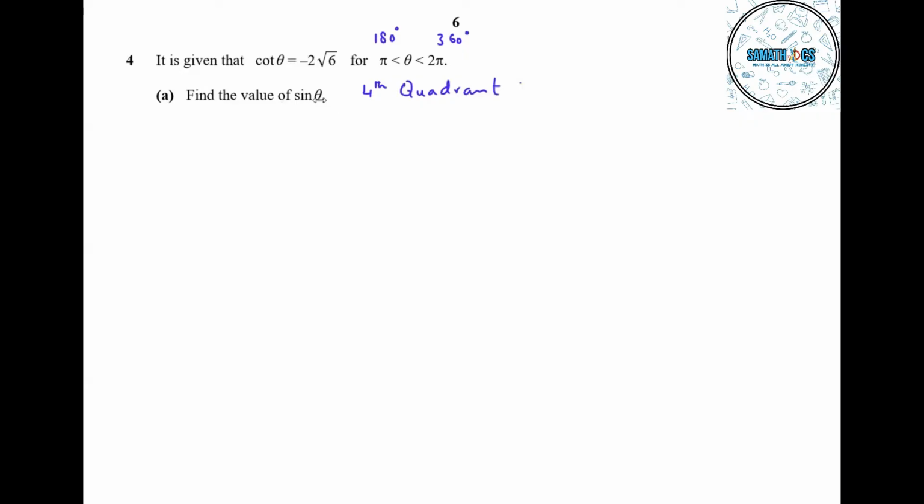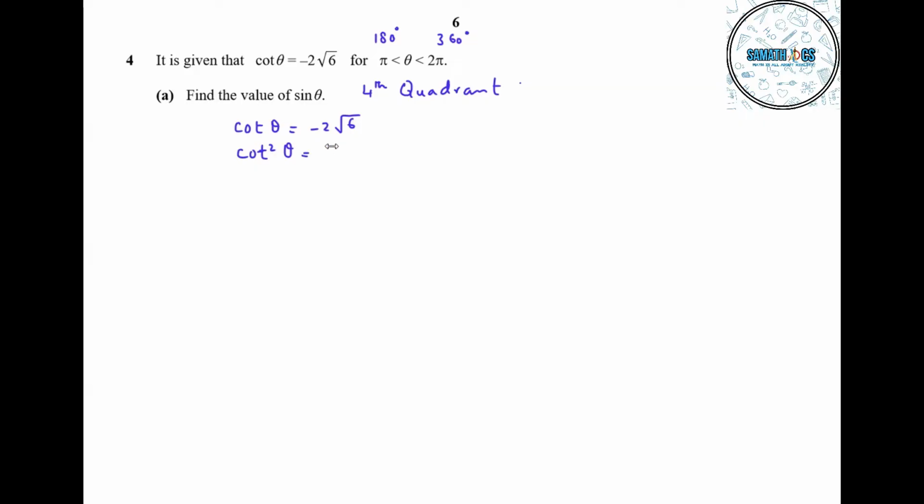As we have to find sine theta and we are just given the value of cot theta, first of all we have to take the square so that we can get cot square theta.